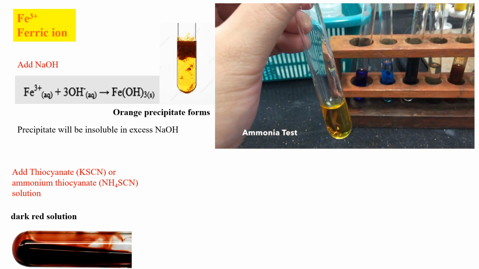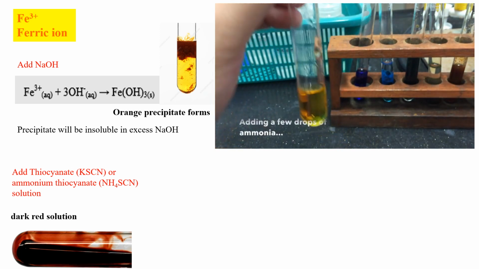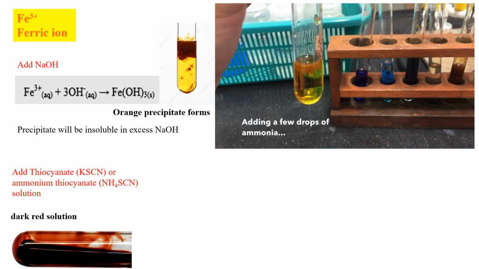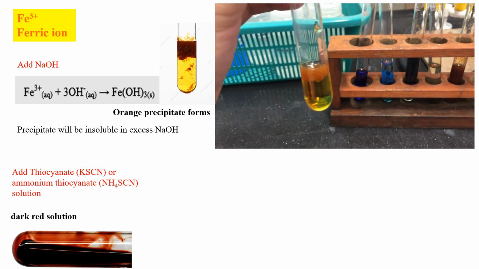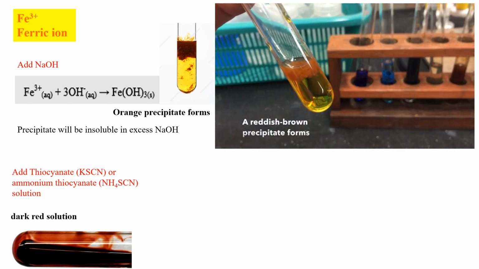Next up, we have the ammonia test. To a small sample of the solution, add a few drops of ammonia solution. Notice that a reddish-brown precipitate forms immediately.